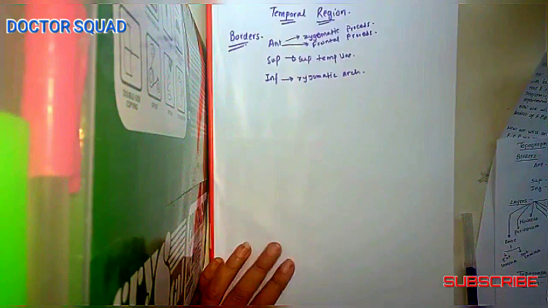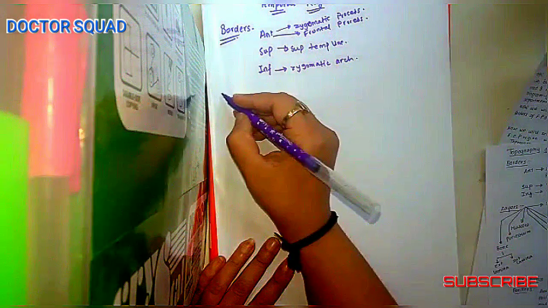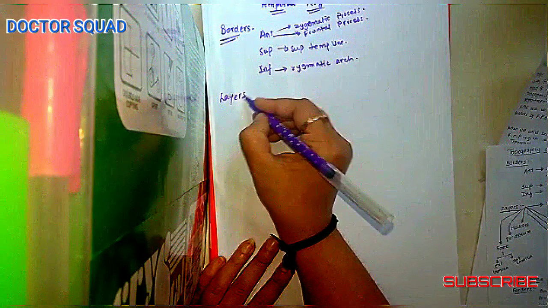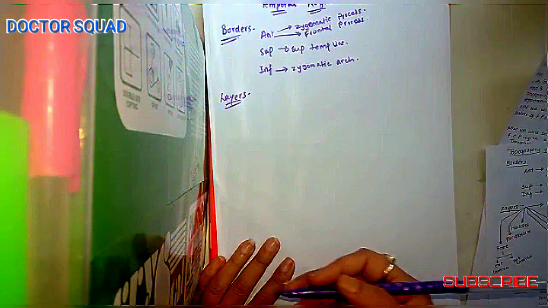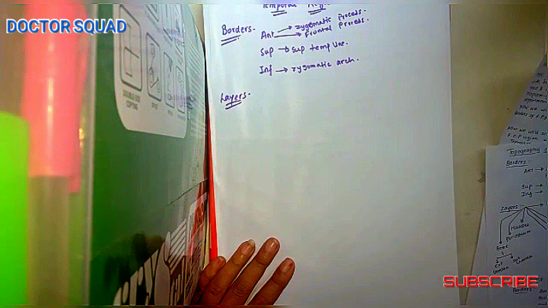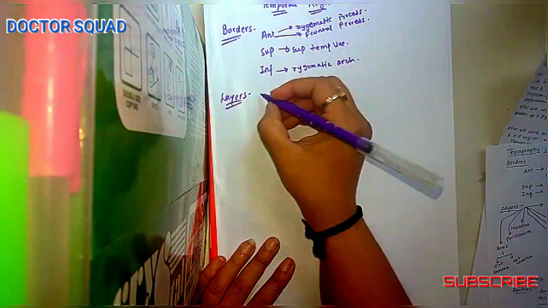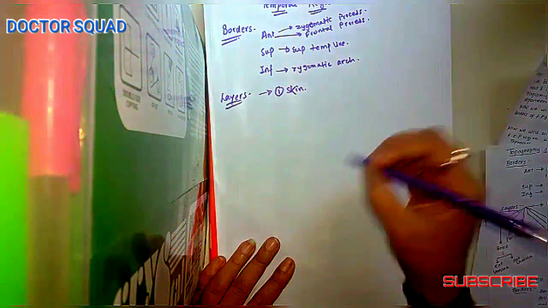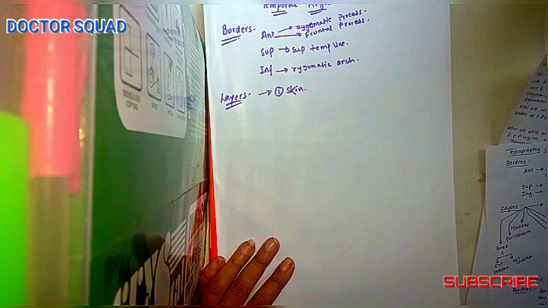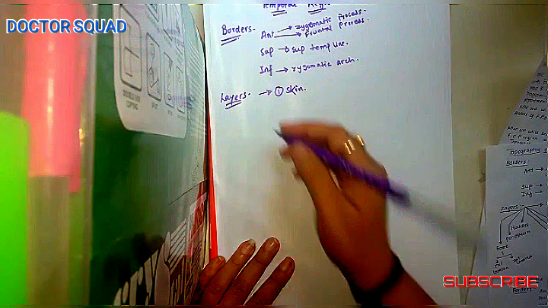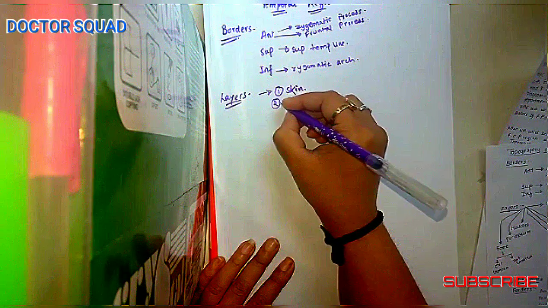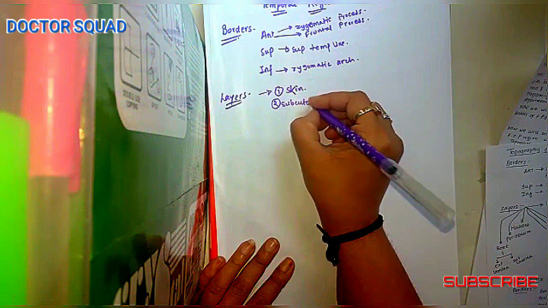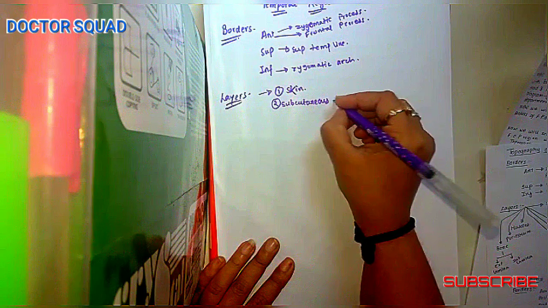So let's begin with the layers. It consists of different layers than that of the fronto-parieto-occipital region. So first is skin, the most common layer. It consists of a lot of sweat and sebaceous glands. Second, subcutaneous tissue.